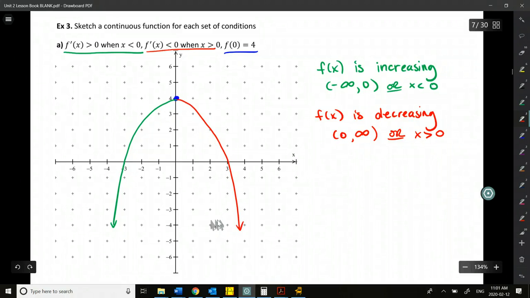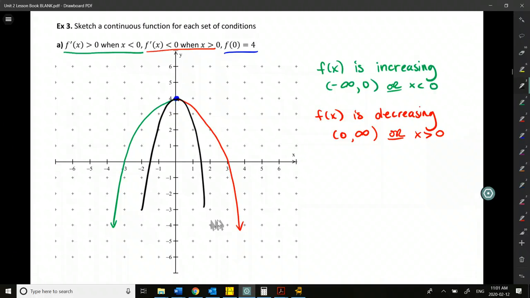Something like this. Whether that is like this or like this, I don't really know. As long as you have a parabola that has a vertex up at (0, 4), and it's increasing on the left side and decreasing on the right side, you're good to go.